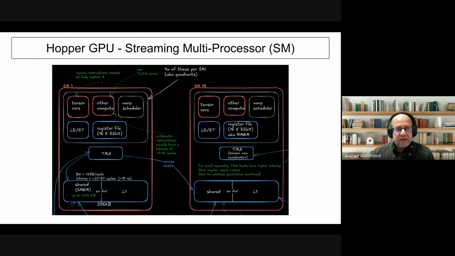Each of these SMs also has an area called the shared memory, and this is super critical, because this is what you need to use to get the highest performance in modern computations. We'll come to how that's used in matrix multiplications in a minute. Each one of these is specialized, and typically you've got about 130 to 140 of them, up to 190.